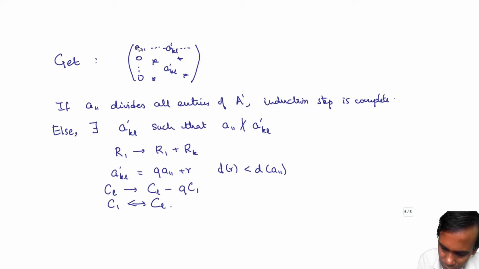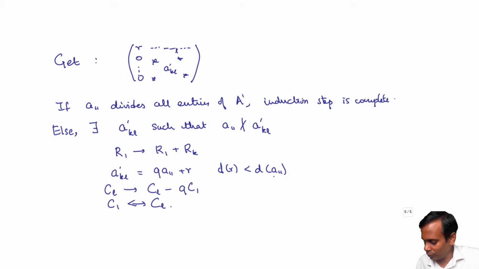And R would have come here, and of course we don't know what mess we have over here. We don't really care. The point is that this D of R is again strictly less than D of A11. So the game is like this.